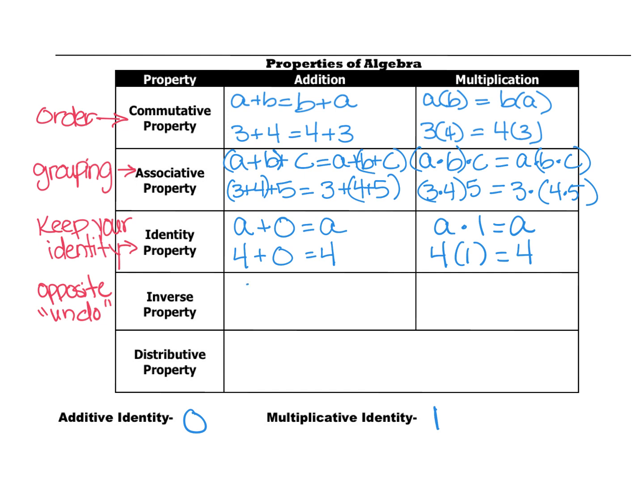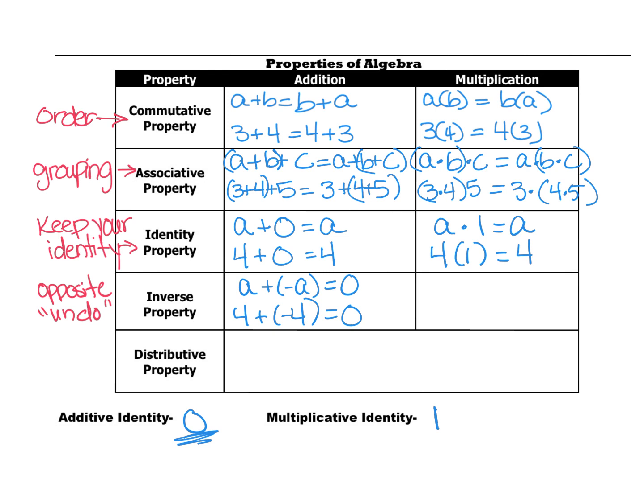So I could have something like a plus negative a is equal to 0. Or I could have 4 plus negative 4 is equal to 0. Notice how the inverse property gets you back down to this additive identity. So it's equal to 0.